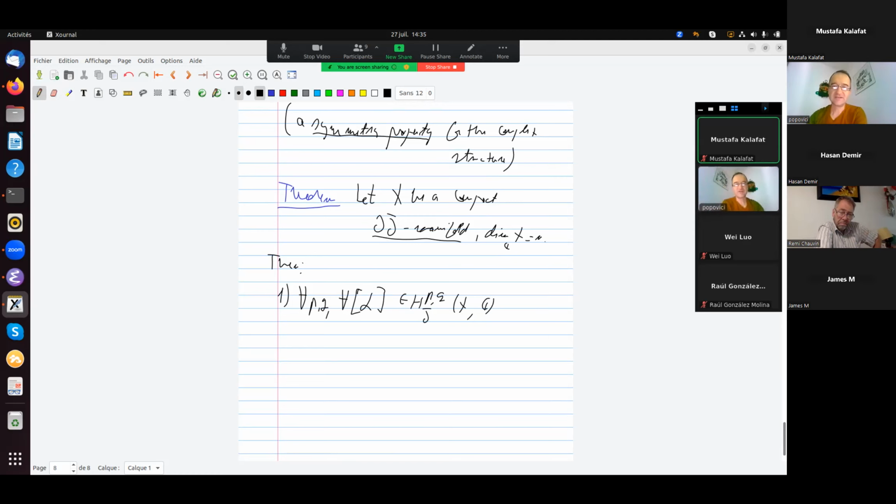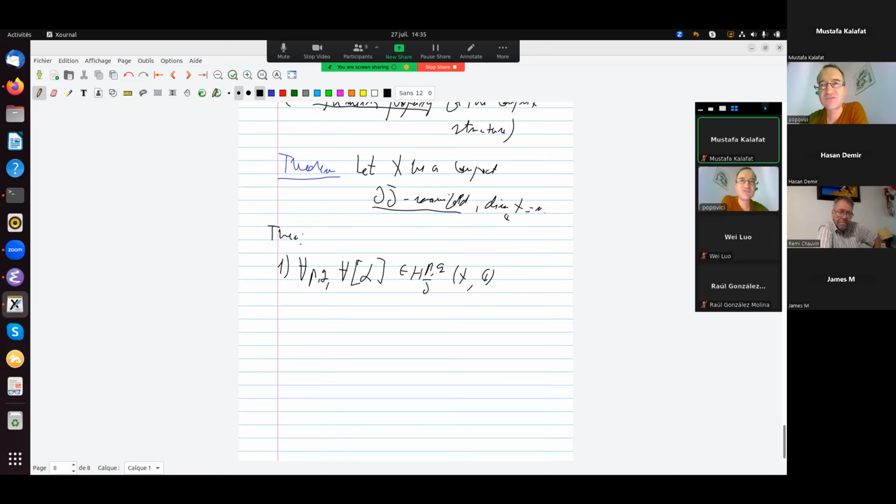But what the theorem says is that under the dd bar assumption, every Dolbeault cohomology class can be represented by a d-closed form. So for every Dolbeault cohomology class, there exists an alpha twiddle, in the same Dolbeault cohomology class, such that alpha twiddle is d closed. So under the dd bar assumption, every Dolbeault cohomology class can be represented by d-closed forms.